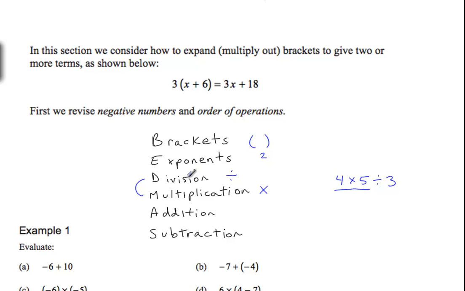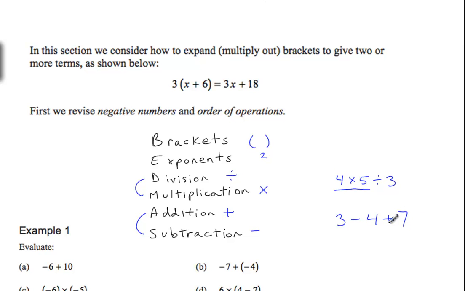However, we would do division and multiplication before addition and subtraction. Okay, this is addition, this is subtraction. Same rule applies here, so we would do whichever is the most left. So you could have 3 minus 4 plus 7.